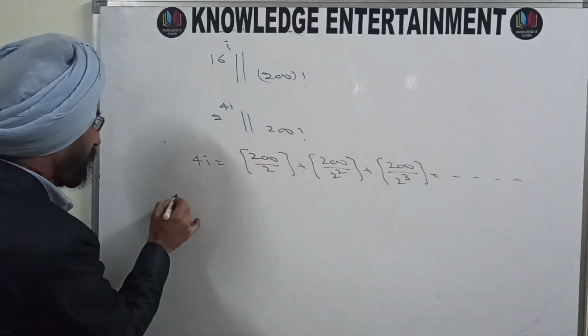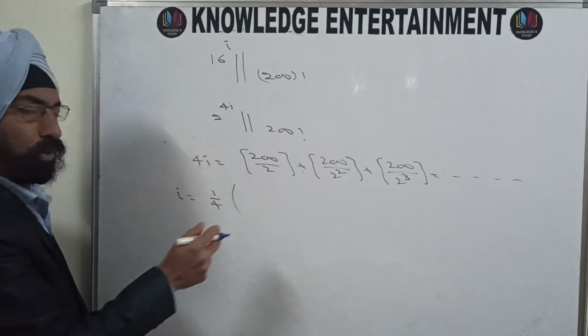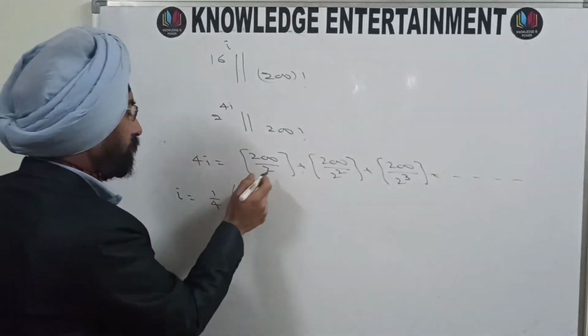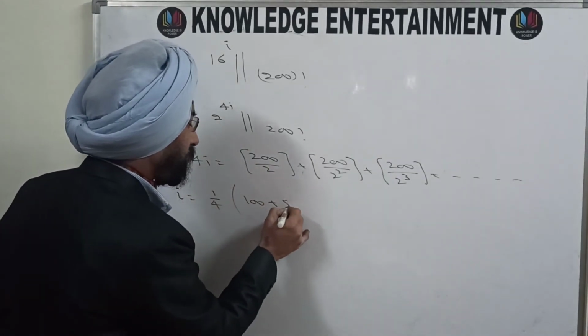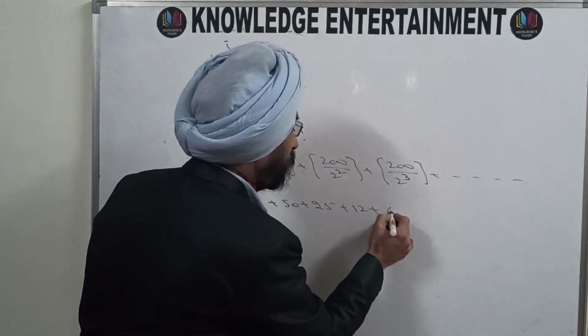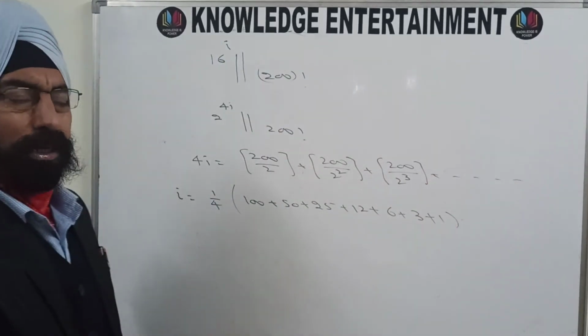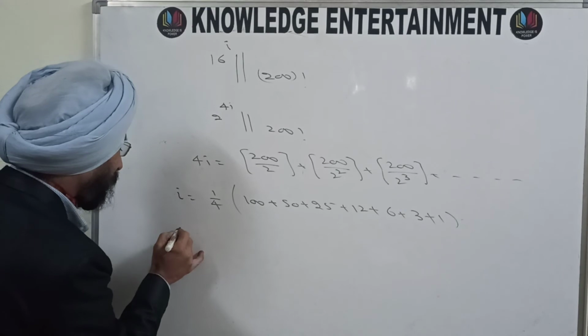So what you are going to get is I is equal to 1 upon 4. I have taken this 4 to the other side. And now this is 100 plus 50 plus 25 plus 12 plus 6 plus 3 plus 1, and rest all will become 0. So what is your I now?